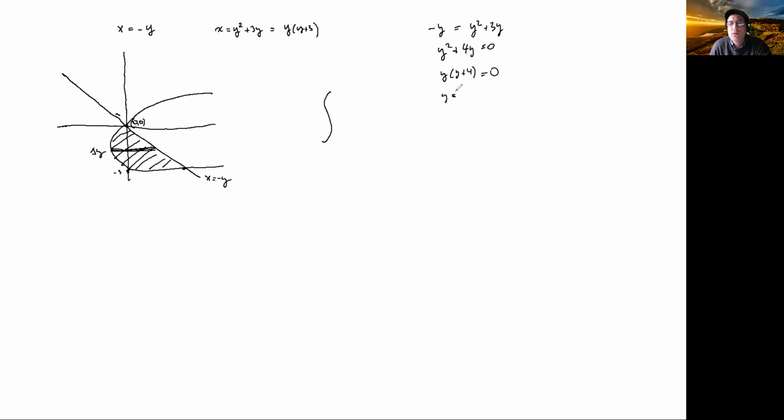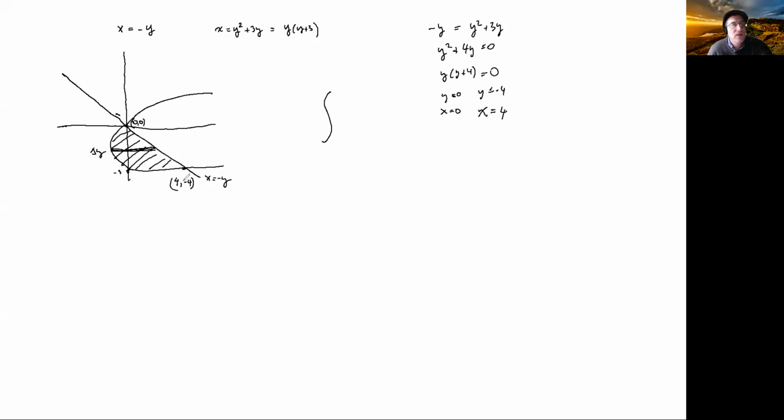This gives you y equals 0 and y equals minus 4. If y is 0, then x is 0, because it's on this straight line. And if y is minus 4, x is 4. So this point is actually (4, minus 4). I've corrected my mistake.